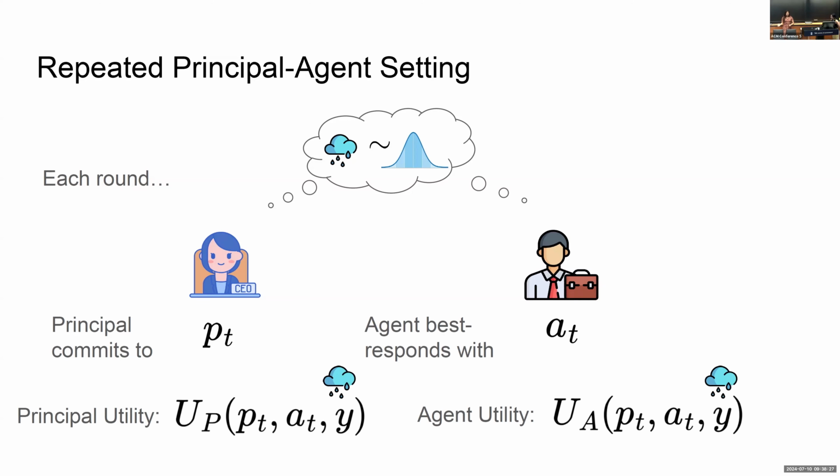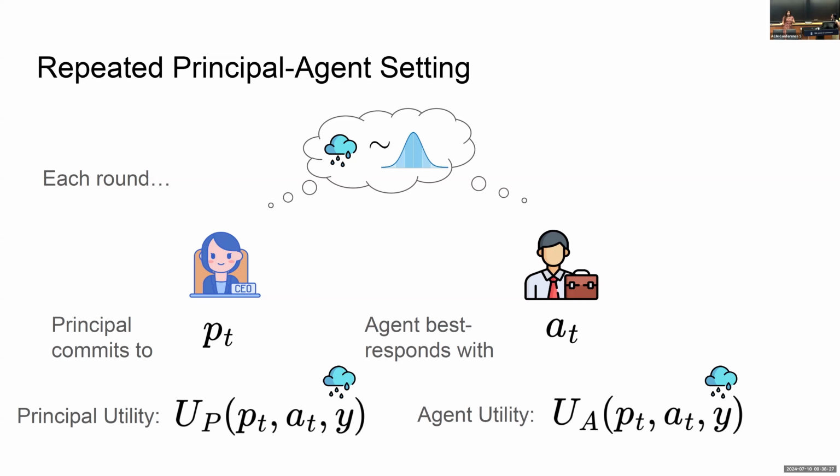Looking at a brief example in the repeated contracting setting, you can imagine that the principal's action each round is a mapping from rewards. In this example, maybe the state of nature is whether a task is hard, medium, or easy. Our agent can decide to work or shirk, and there's some cost for both of them.